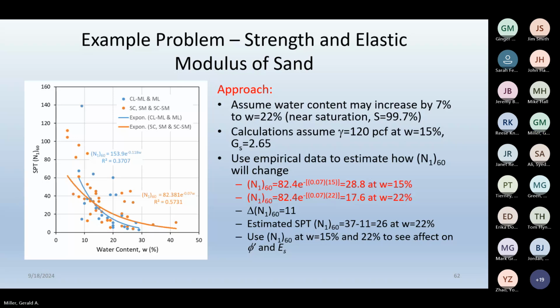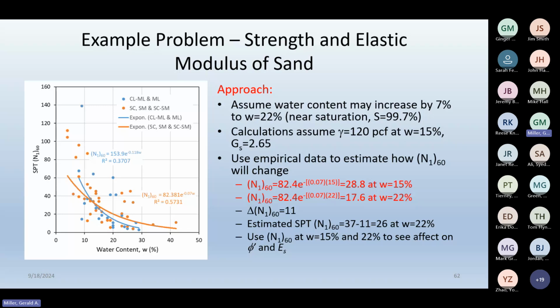First I took my water contents, 15% and 22%, and plugged them into my equation. You'll notice the exponent here is W, water content, in percent. So I plugged that in, and these are the N160s I get based on that equation. At 15%, I'm not at 28.8, but what I'm going to do is assume the slope for the change of 7% is going to be the same, whether I start at 37 or I start at 28.